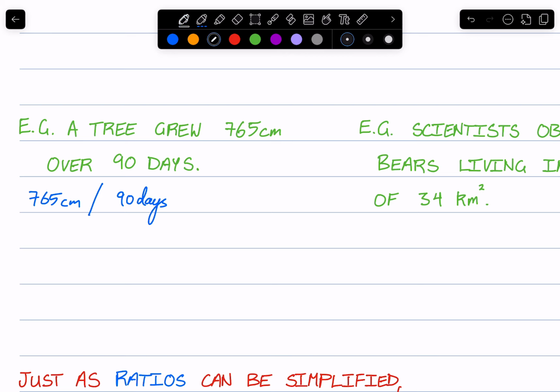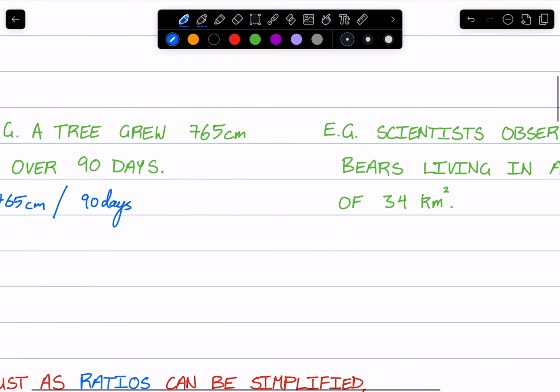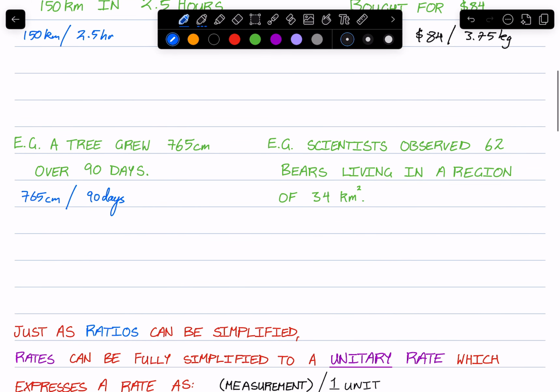Or we could change the order around: 90 days per 765 centimeters. Once again, can you figure out which one is more used in the real world? Yeah, in this case, it'll be this one. So while we can write the order of rates in any order we like, some orders are more used than others.